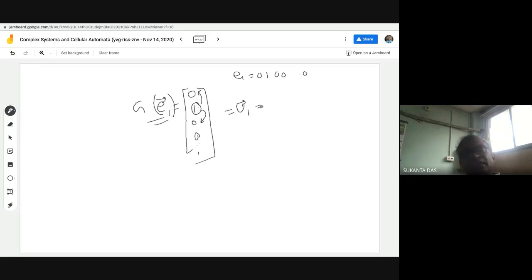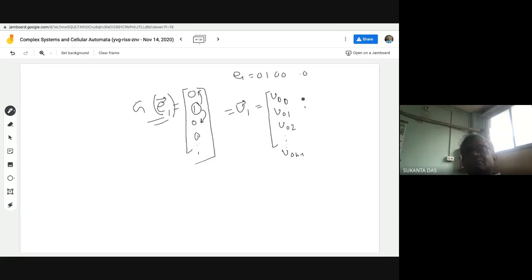So in V1, what can I have? If I write V1 in this way, then V00, V01, V02, etc., up to V0,n-1.